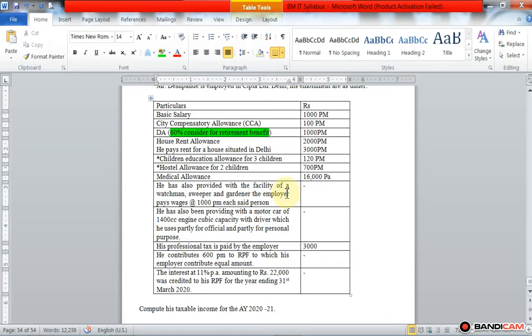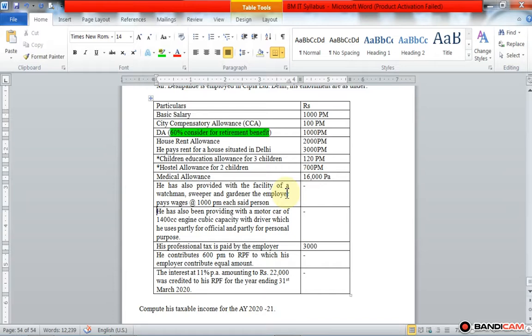In the last problem the car's cubic capacity was above 1.6 cc. Here the car capacity is below 1.6 cc, so we take 1800 per month plus 900 driver's salary, because the car is used partly for office and partly for personal purpose. So the situation is very important.